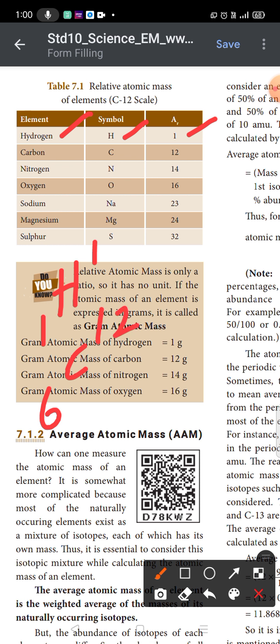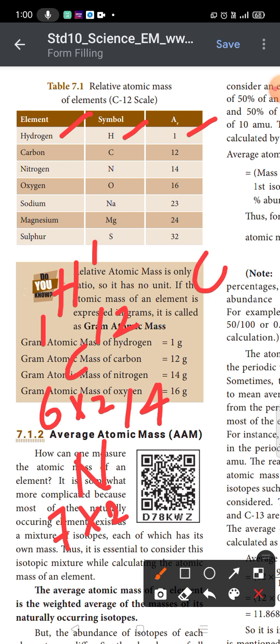How to remember this? We double the atomic number. That's all. Next is nitrogen. Nitrogen has atomic number 7, and the mass number will be 14. How can we remember? Yes, double the atomic number and we get 14.